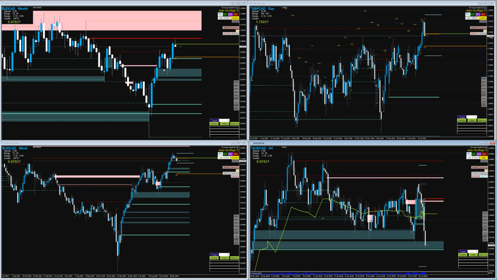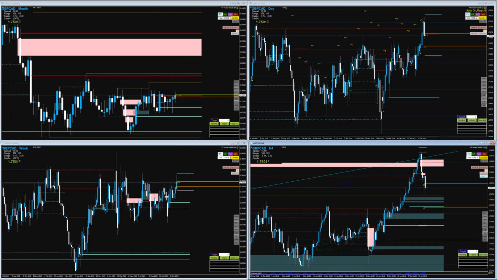The price is actually, let me update this. So price is actually at the monthly level, right? In here on the weekly, taking out the highs, so the false breakout, and look what happened in here, minus 10, right?